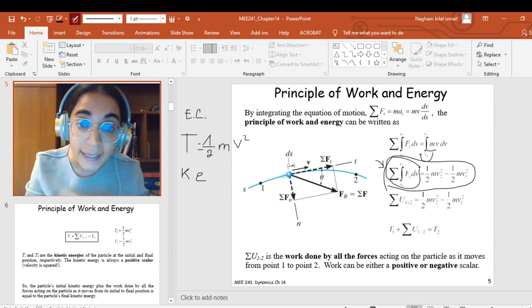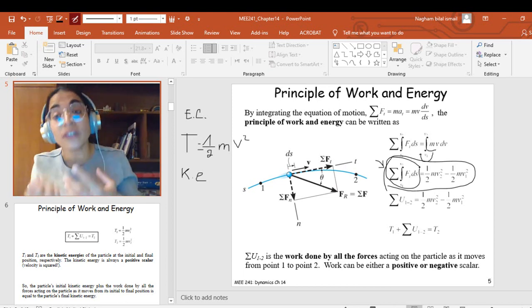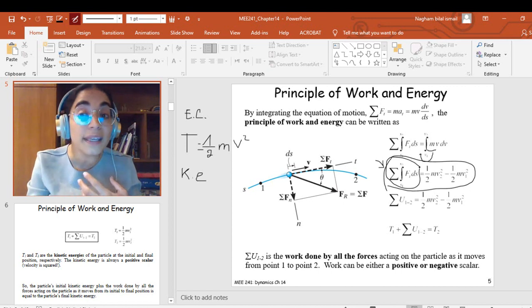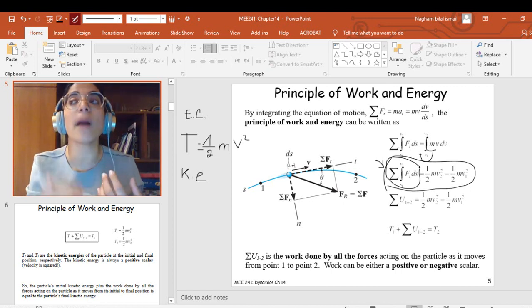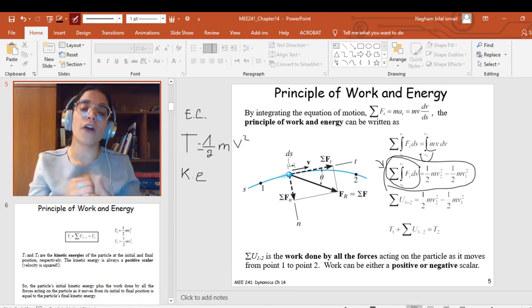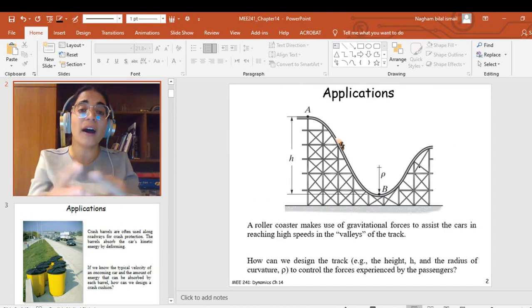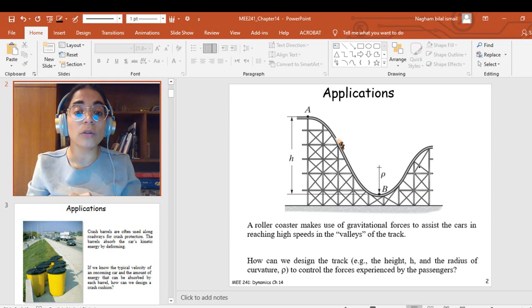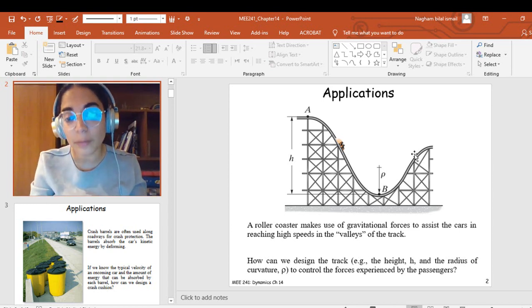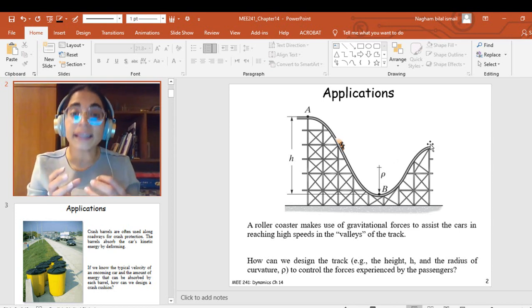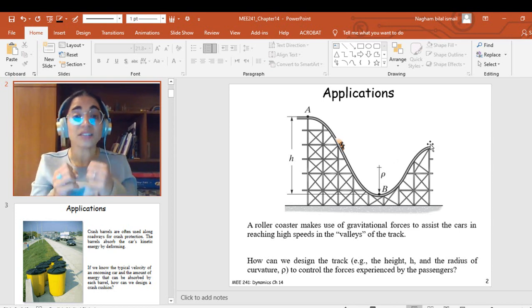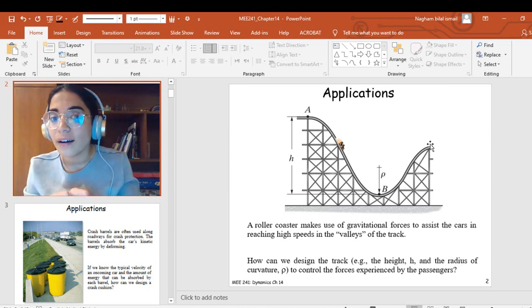However, this kinetic energy could be decreased because it could be exchanged by some other form of energy, like the potential energy. For example, if I take again the roller coaster example, if I'm going to climb this height, the kinetic energy will decrease, my velocity will decrease.